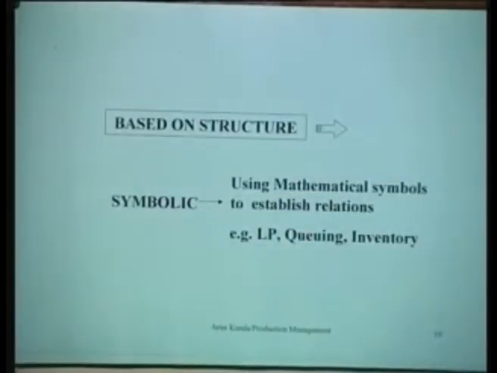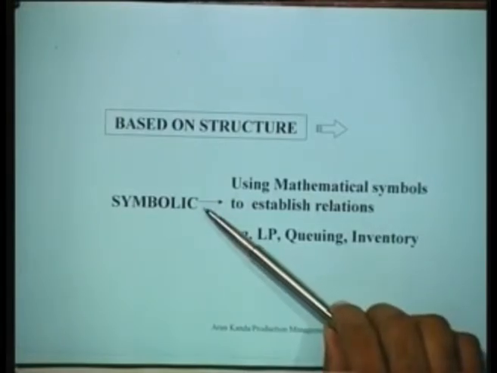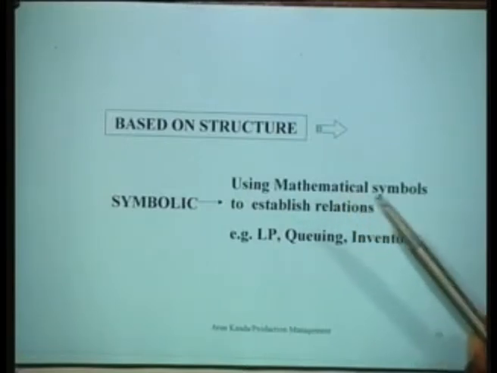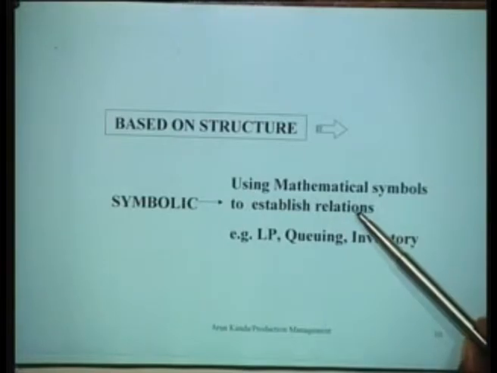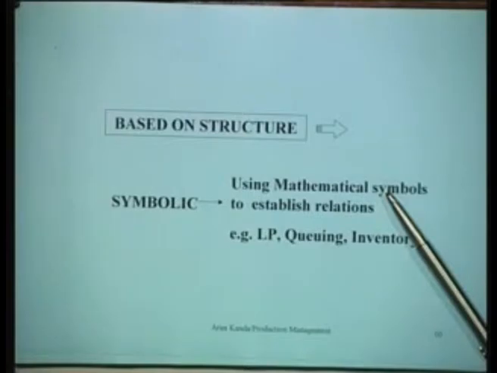Then we have the symbolic model, which is essentially based on the structure where we are using mathematical symbols to represent relations. In fact, this is the most commonly used model in production systems, and in almost all areas of project and production management.